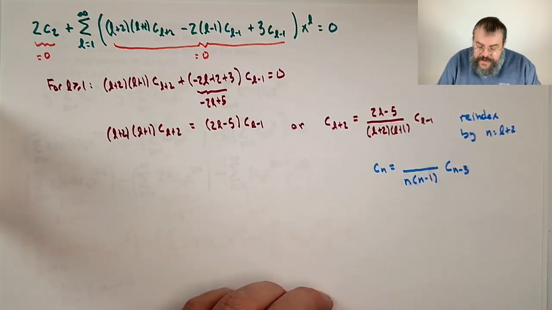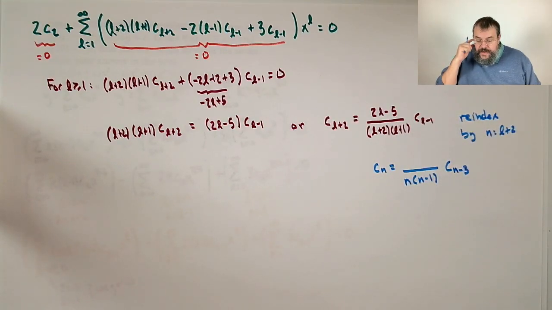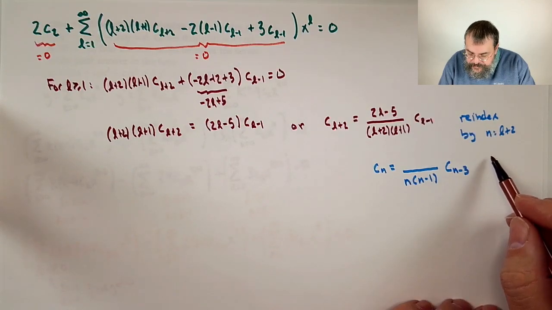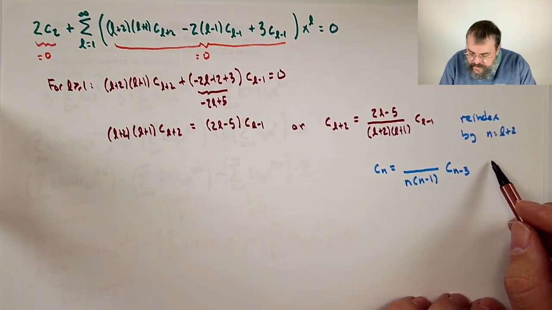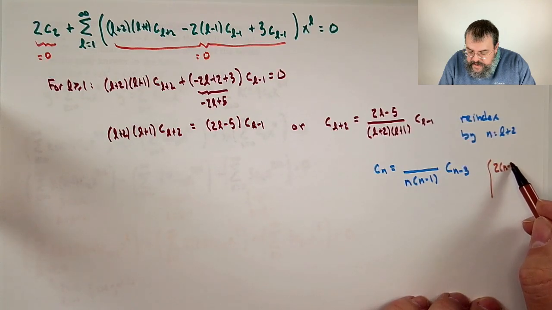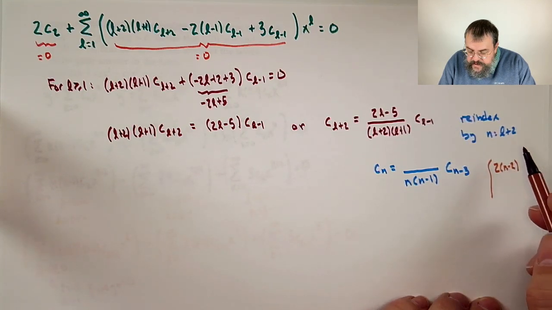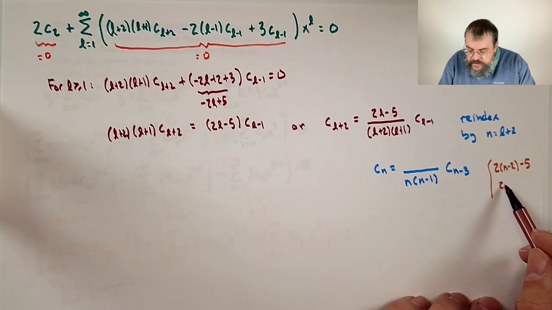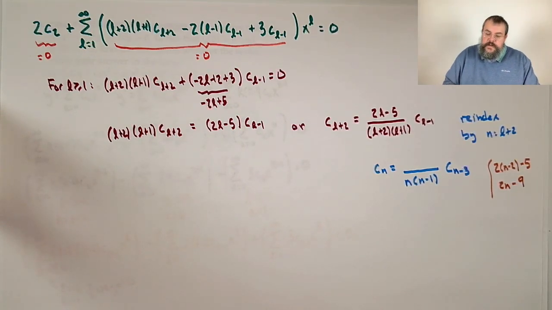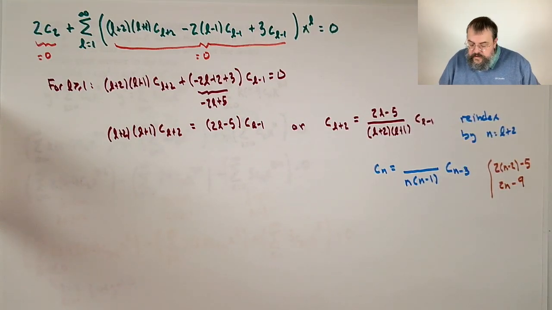Now the hardest part, 2 times, well, it's hard enough that let me not do it in my head, because I don't want to get myself in trouble. Where can I make a little side computation here? So 2 times n minus 2, and minus 5. Right, so that'd be 2n minus 9. Wow, that's a lot.